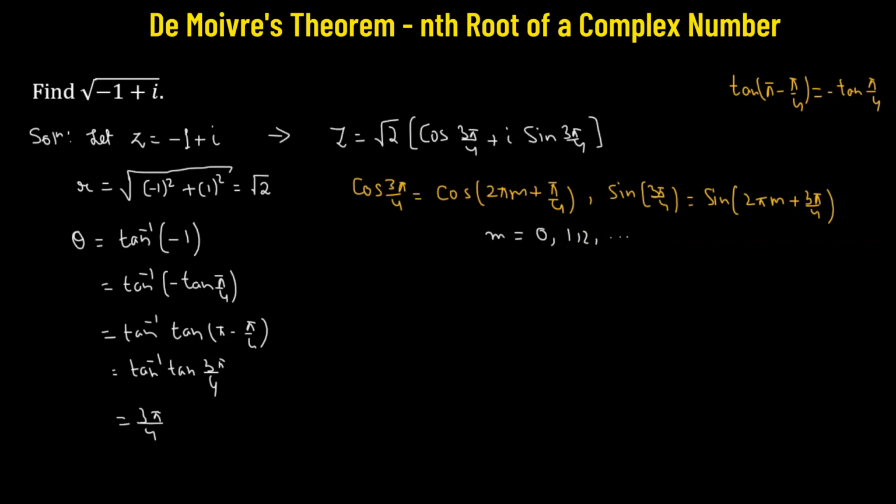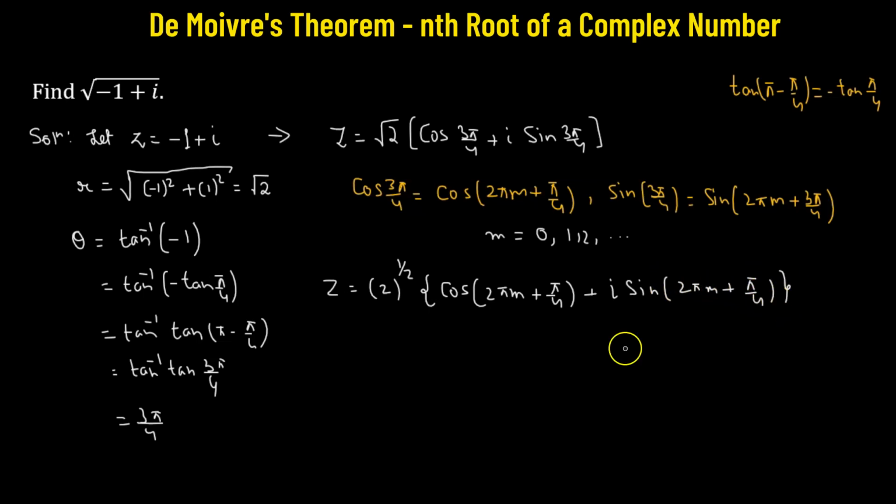Now we will rewrite our complex number. So we have z given by square root of 2, which in exponent form is 2 raised to the power of 1/2, multiplied to cosine of 2 pi m plus 3 pi over 4, plus iota times sine of 2 pi m plus 3 pi over 4. Next, we will take the nth root of a complex number.